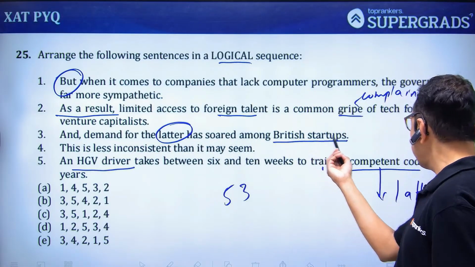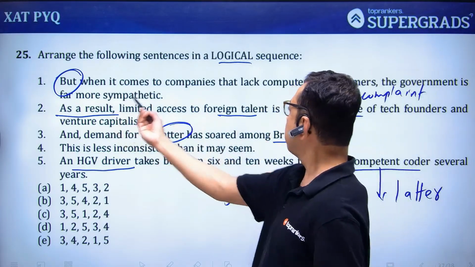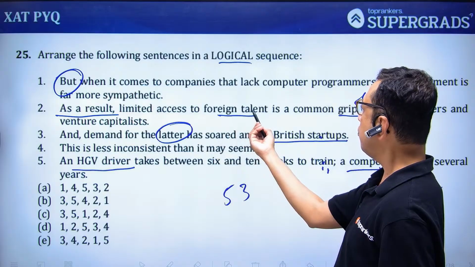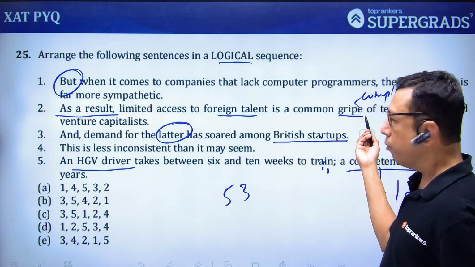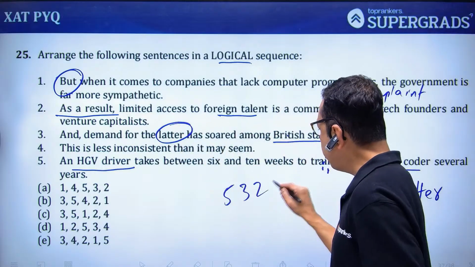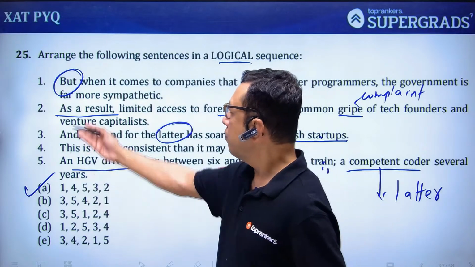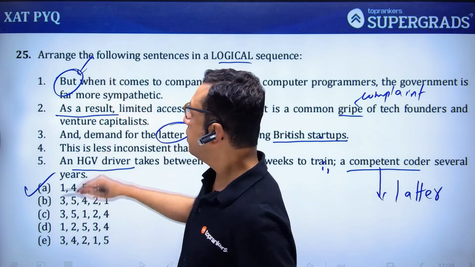So demand for the competent coders has soared in the British startups. As a result, limited access to foreign talent has become a common complaint of the tech founders. So simply put, 5, 3, and 2. 5, 3, and 2 is there only in one option.